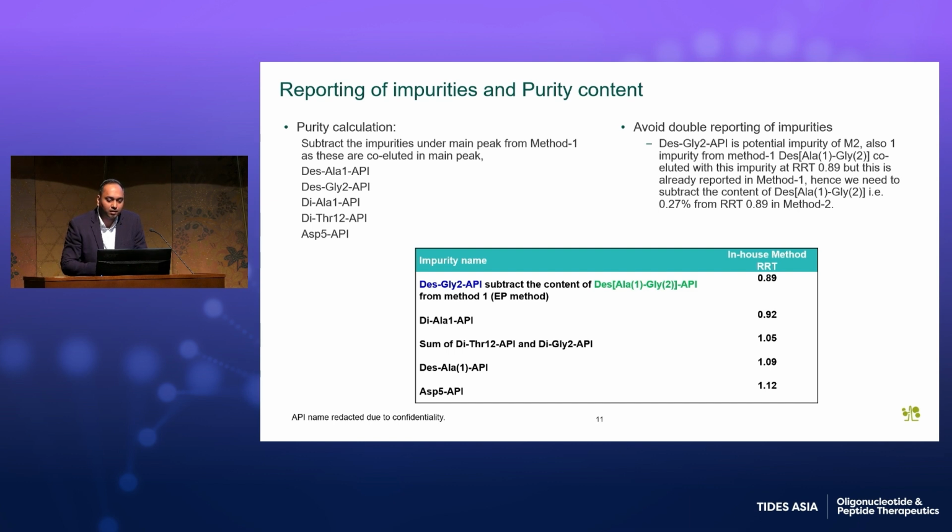And to avoid duplication of reporting, the impurity was around 0.27%, the green impurity which I highlighted in the previous slide at RRT 0.89. So this was subtracted with this particular impurity, the blue impurity, to have the right quantification.